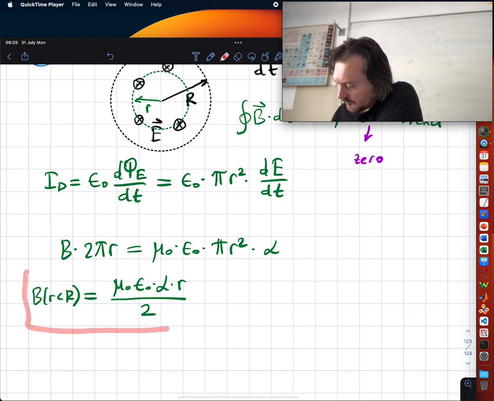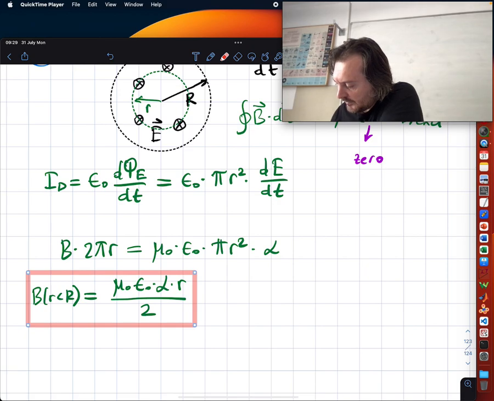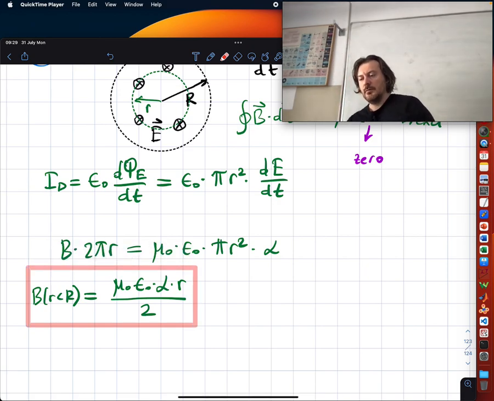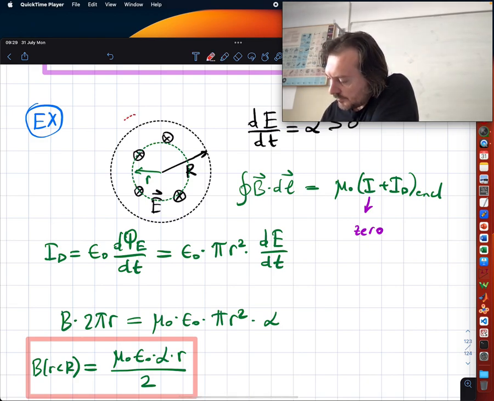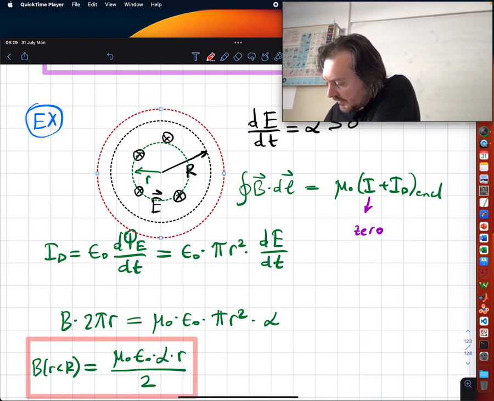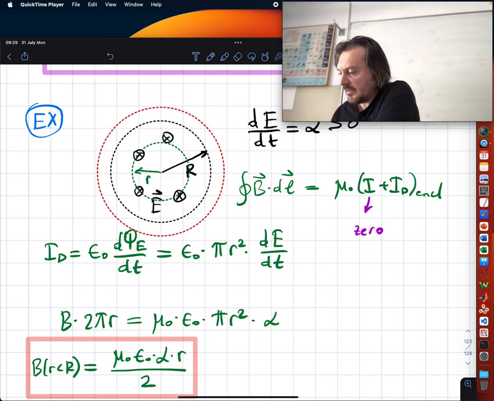Do you have any questions at this point? No? How about when I'm outside of this loop, where the electric field is applied? You know this black dashed curve that delineates the place after which there is no electric field. So outside, the electric field is 0. We are only applying electric field inside this circle.